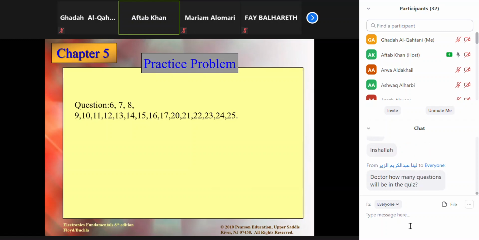This way you will be scoring good marks in your quiz, and then you will be ready for the final midterm exam also. The number of questions is not decided. It is according to the time given, inshallah.